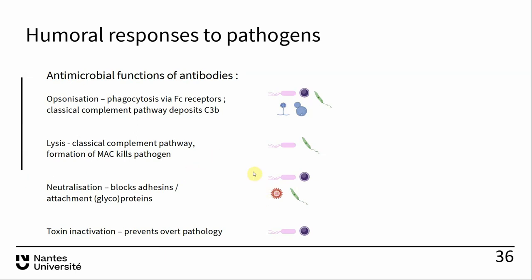This mechanism is effective against gram-negative and gram-positive bacteria, viruses, and protozoan parasites, not so much against fungi. And the last mechanism, also very important, is inactivation of toxins. So very important to prevent disease for some bacterial infections.